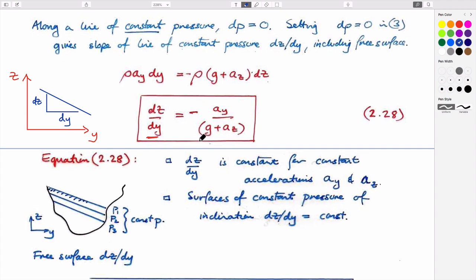And so if ay were 0, then it would be flat. If we're not accelerating horizontally, it would be flat. If az were 0, which it is in the system we're looking at, right? A bus going down the road, it's on a horizontal road, it's not accelerating in the vertical direction unless it goes up a hill or down a hill, then this would be 0.